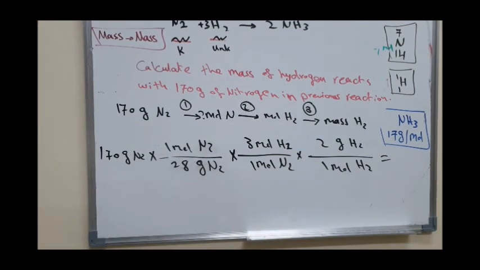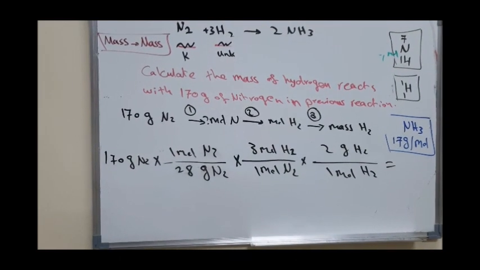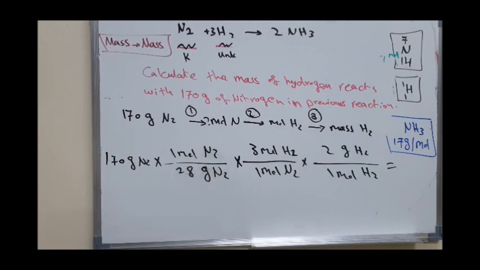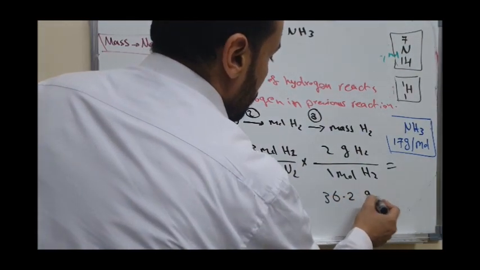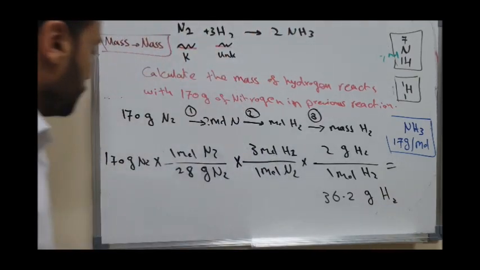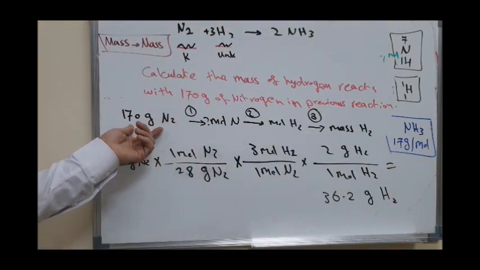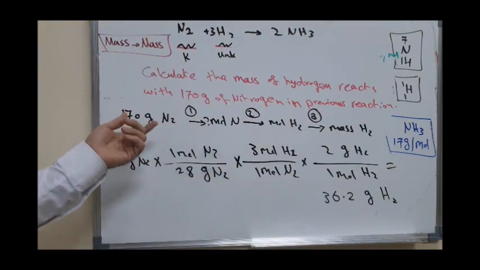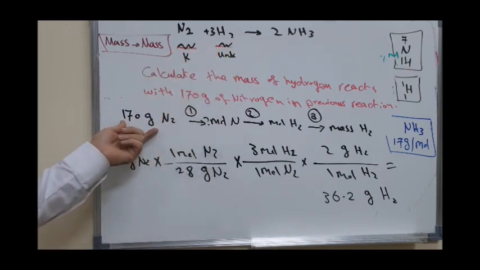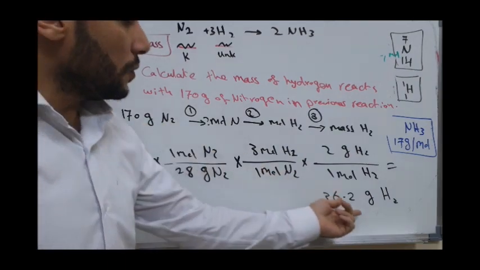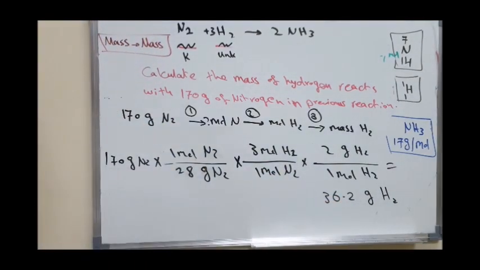We can confirm whether we used suitable conversion factors using the way I said before. Just try to get the answer. It is 36.2 grams of hydrogen. The mass of hydrogen that reacts with 170 grams of nitrogen is 36.2 grams.